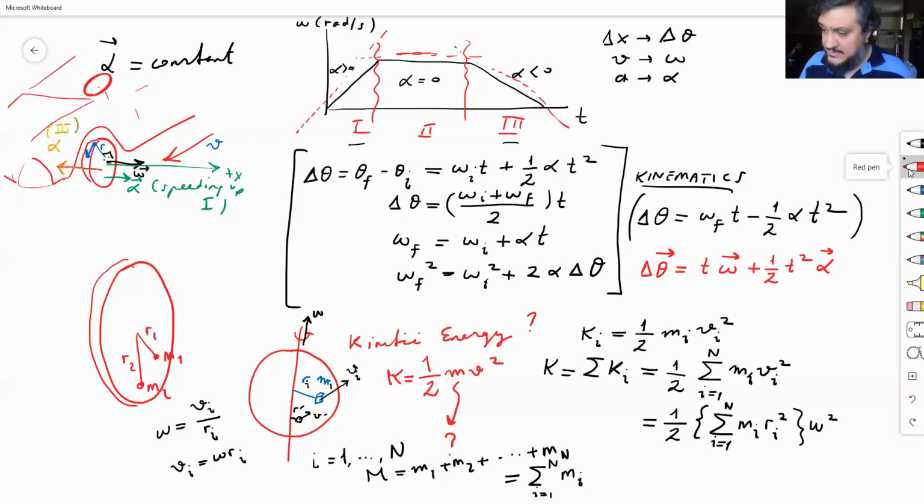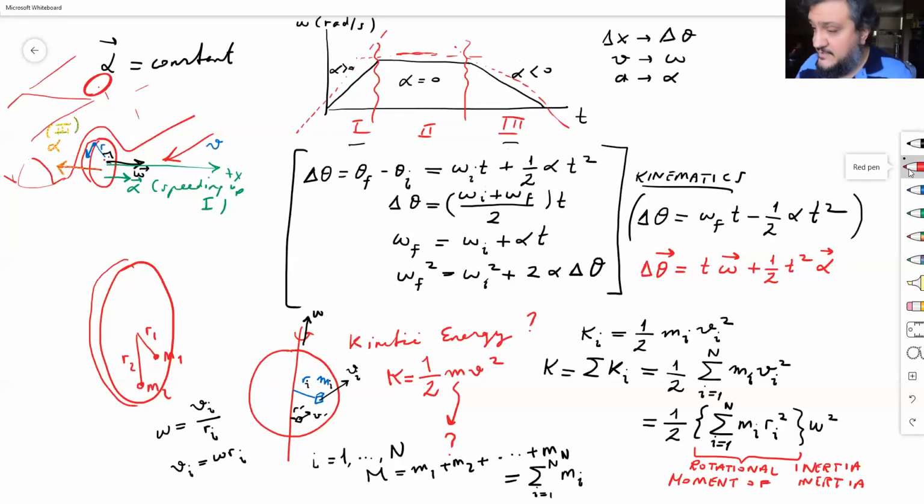This thing in the parentheses, I'm going to give it a new name. I'm going to call this rotational inertia. That's one name, rotational inertia. You're familiar with the term inertia from linear motion, or alternatively, moment of inertia. Both are used, either rotational inertia or moment of inertia, and the letter I.